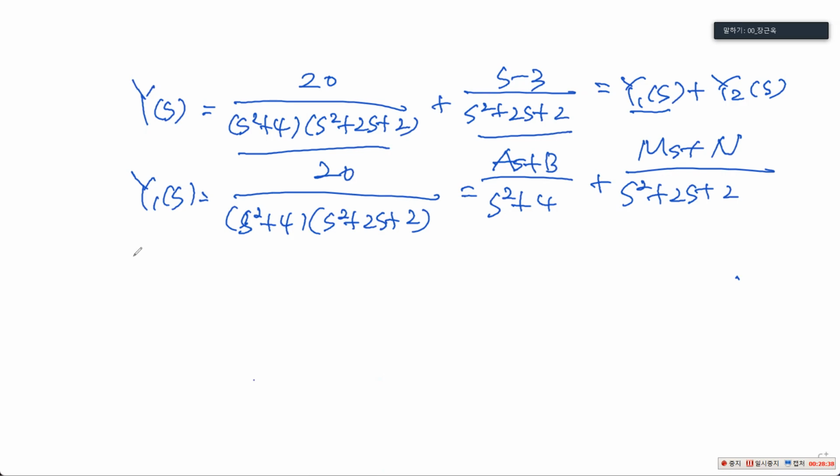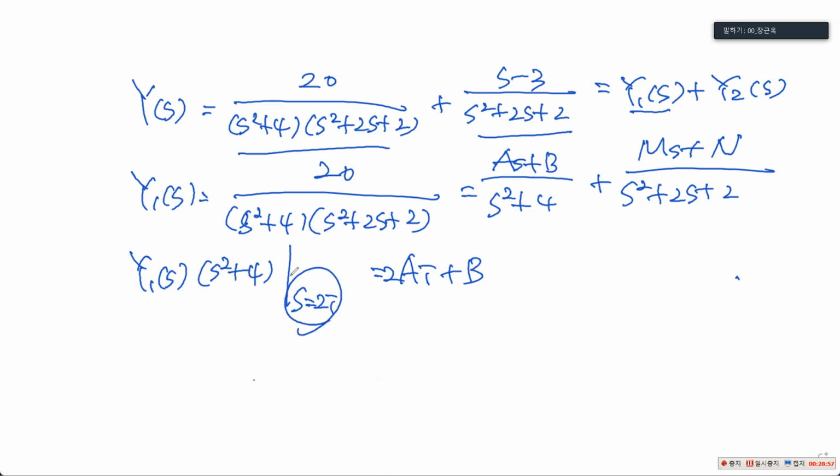For y1(s), the denominator is s squared plus 4, which means we have to put s equal to 2i there. Then the thing we have is 2ai plus b, and when we put s equal to 2i, it gives minus 4 plus 4i plus 2, so we can have that minus 4i minus 2.